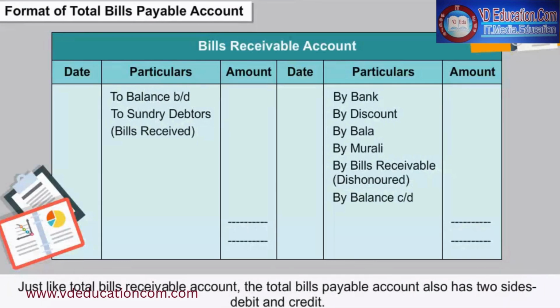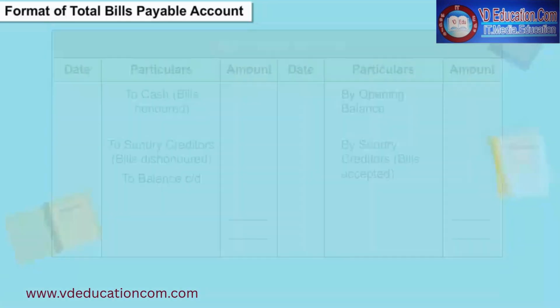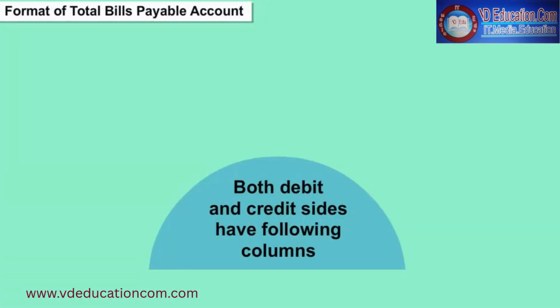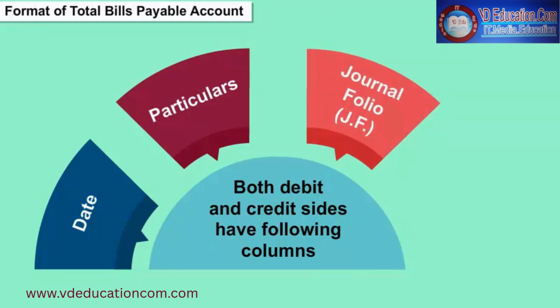Just like the total bills receivable account, the total bills payable account also has two sides, debit and credit. Both debit and credit sides have the following columns: date, particulars, journal folio or JF, and amount.